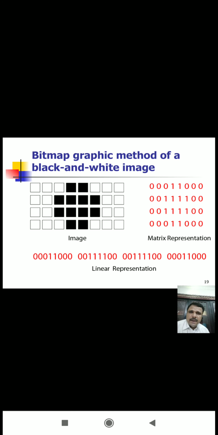In fact, there are 8 rows and 4 columns for simplicity. This image can be represented by only 2 colors, either white or black. Where there are white cells, it can be represented by zeros, and where there are black cells, it can be represented by ones. Have a look at the image and then the matrix representation on the right side.